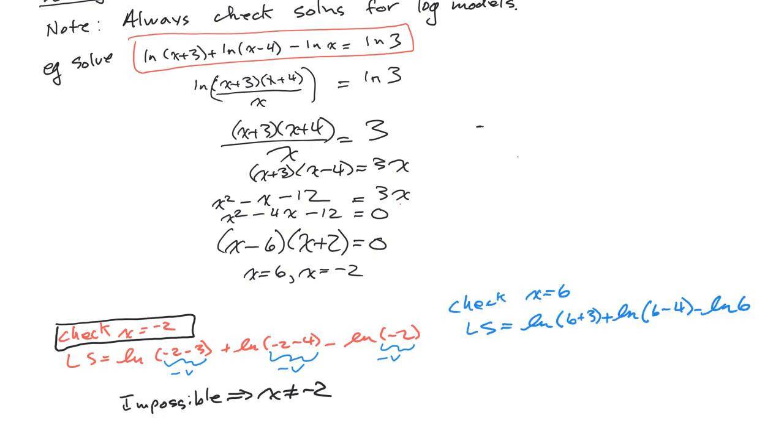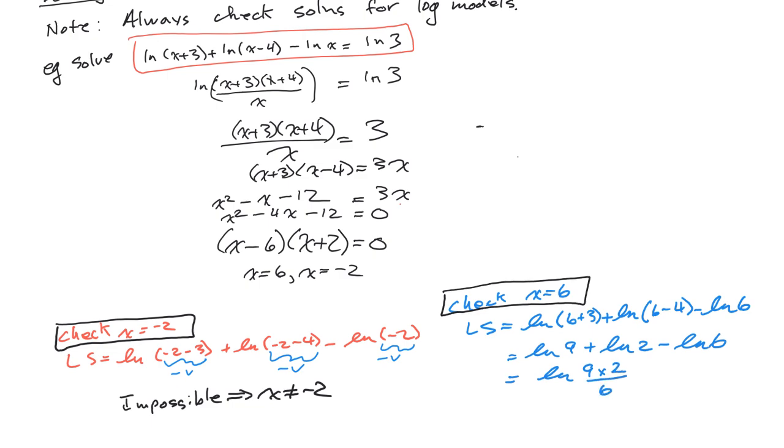So now, when we're checking x is equal to 6, we check the left side of our equation, and we end up with the ln of 9 plus the ln of 2 minus the ln of 6, which is the same as saying the ln of 9 times 2 divided by 6.